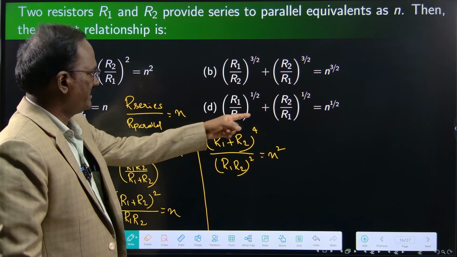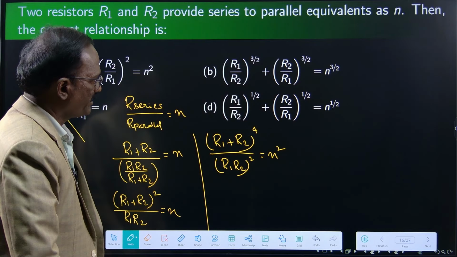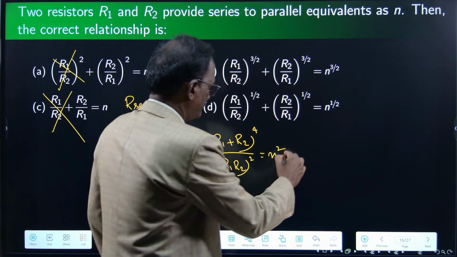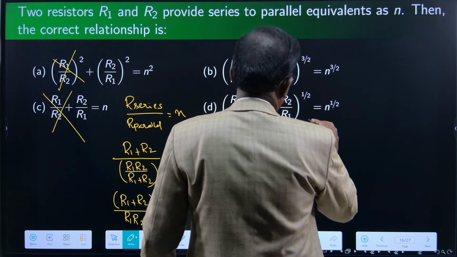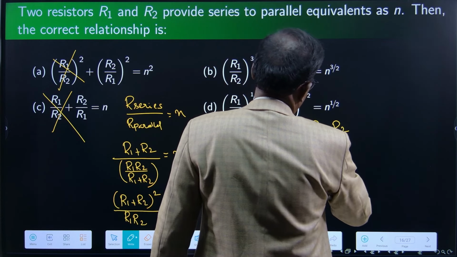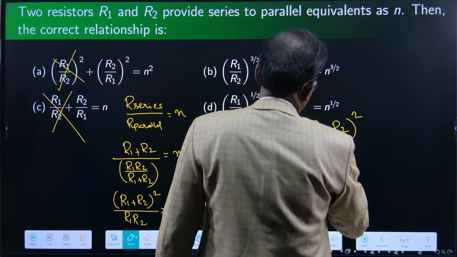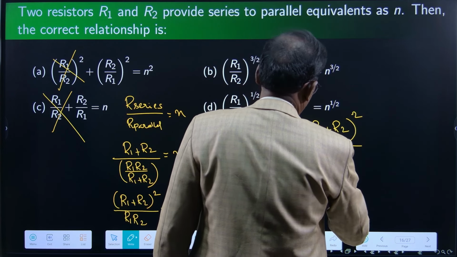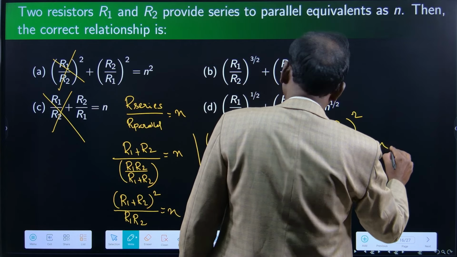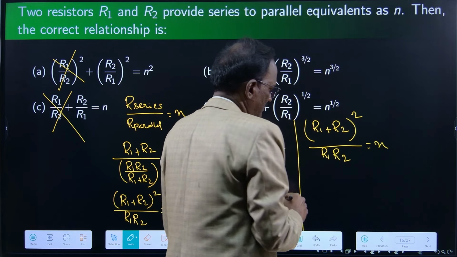If we take the square root of this equation, R1 plus R2 square divided by R1 R2 is N. This is the result we have obtained.